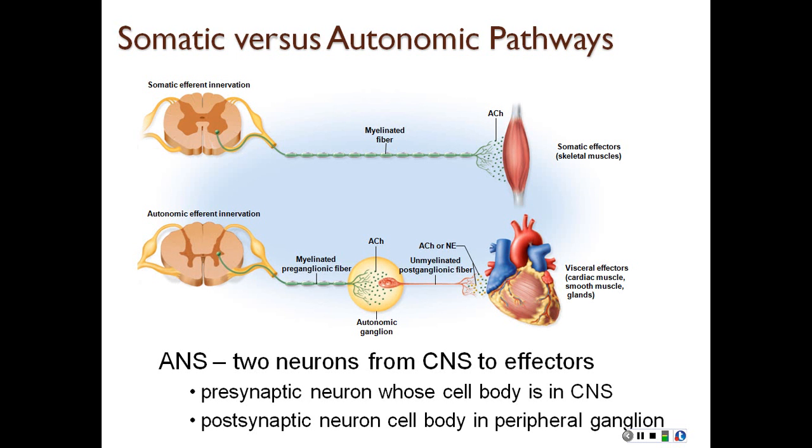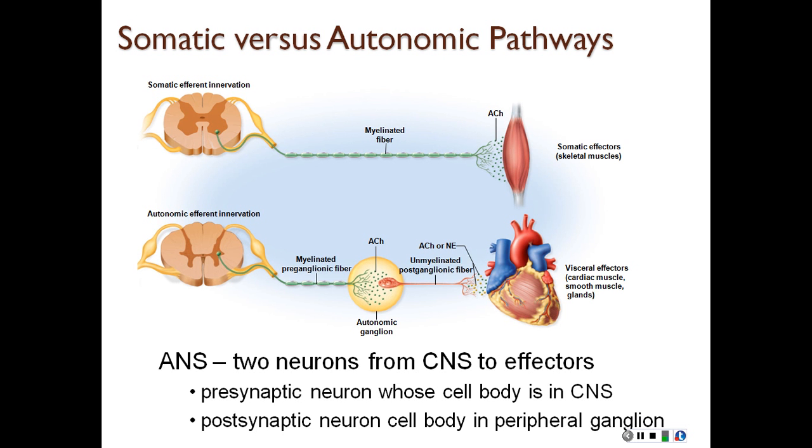That first neuron is called pre-ganglionic. The second one is called post-ganglionic. Okay? Pre-ganglionic and post-ganglionic. And remember, what part of the spinal cord is this up here? Looking at the somatic efferent, that's a somatic motor neuron.